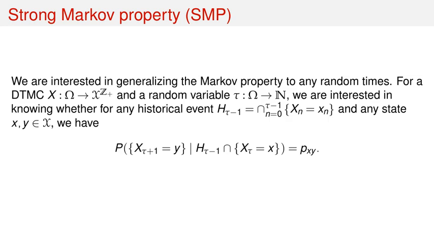For a DTMC X mapping from Ω to 𝒳^(Z+) and a random variable τ mapping from Ω to N, we want to know whether for any historical event H_{τ-1}, which is the intersection from n equals 0 to τ-1 of the set {X_n = x_n}, and any states x, y in 𝒳, we have the probability of the set {X_{τ+1} = y} given H_{τ-1} intersected with the set {X_τ = x} equals P_xy.